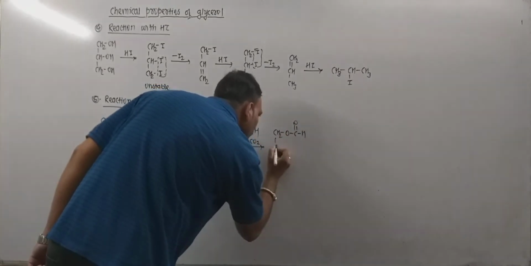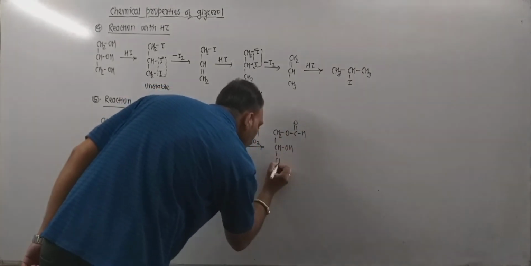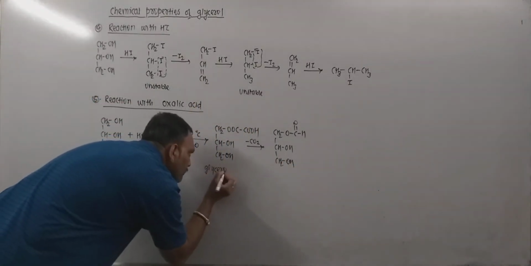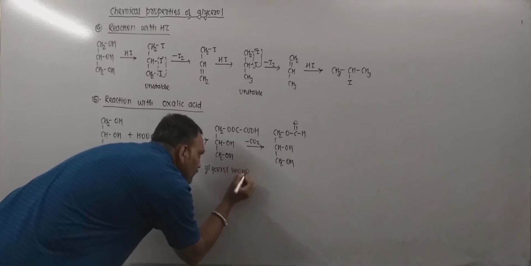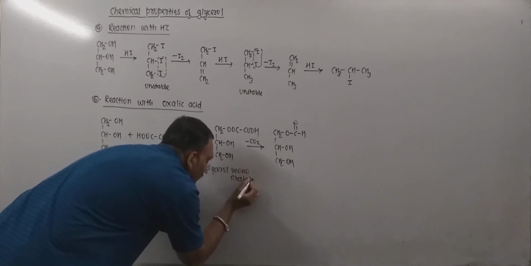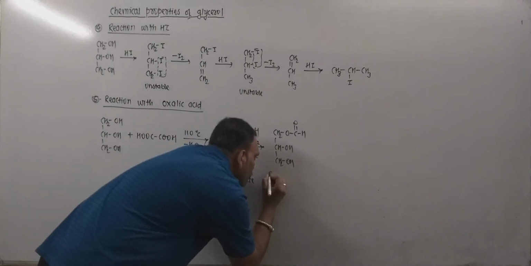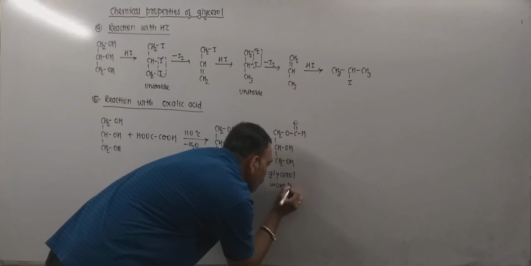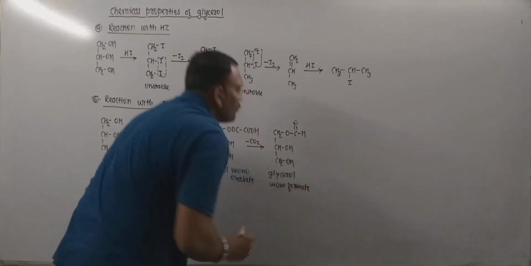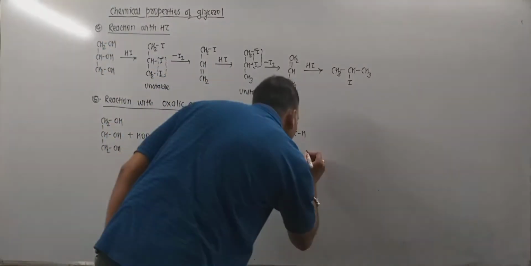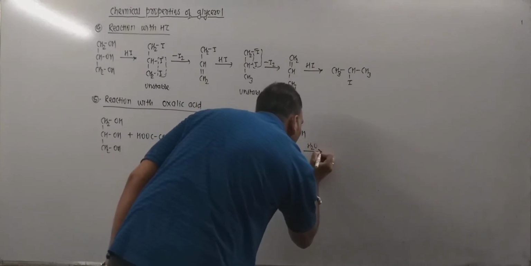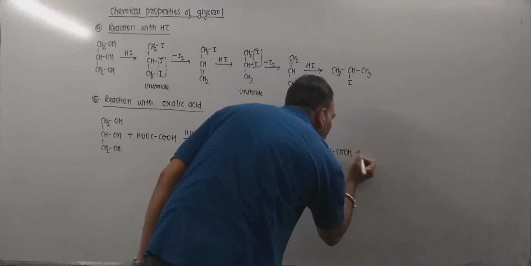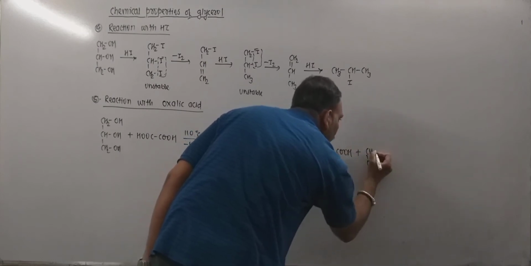This is nothing but glycerol monoformate. Remember this is known as glycerol monooxalate, and upon losing CO2 we get glycerol monoformate. Now this glycerol monoformate is to be hydrolyzed. So upon hydrolysis we get formic acid along with the glycerol back.